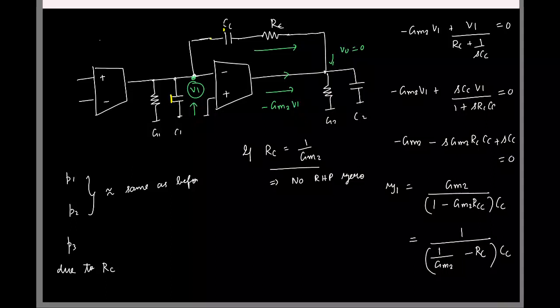RHP 0 is a problematic thing. What kind of 0 is a good thing for you? LHP 0 is good. So if I choose RC to be greater than 1 by GM2, the 0 basically comes to the LHP. So then you will have an LHP 0. Like we saw in the last case, you can position this LHP 0 so that it cancels one of your non-dominant poles.